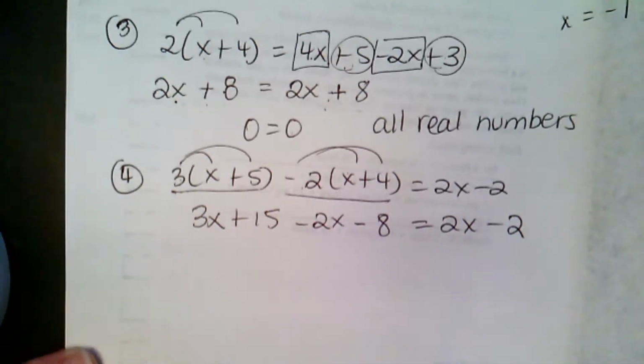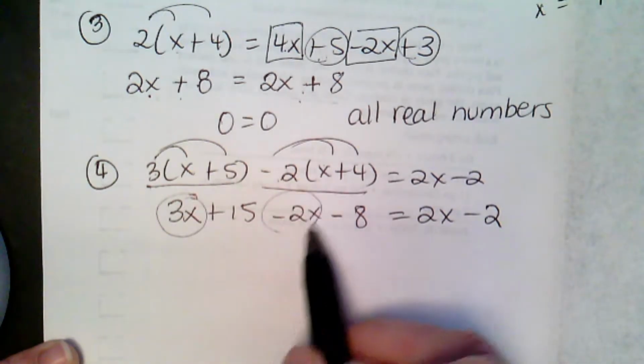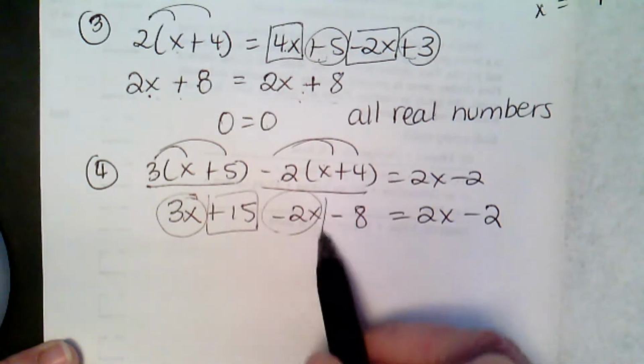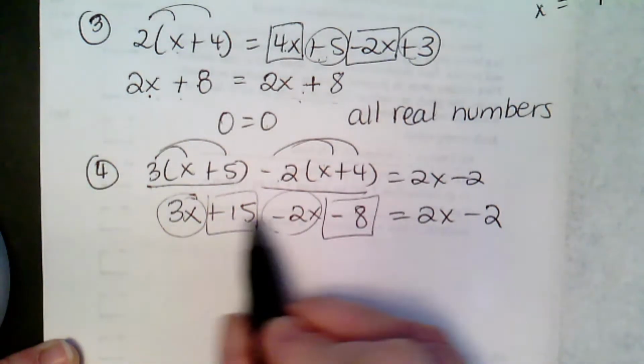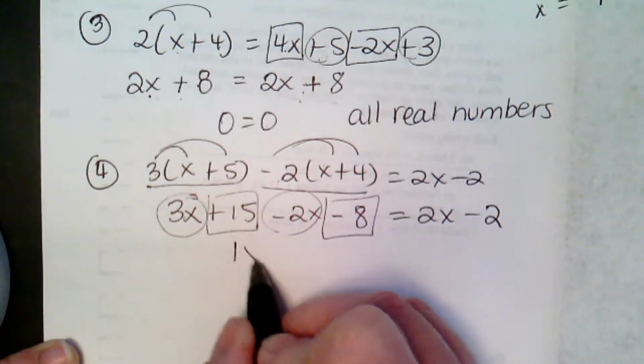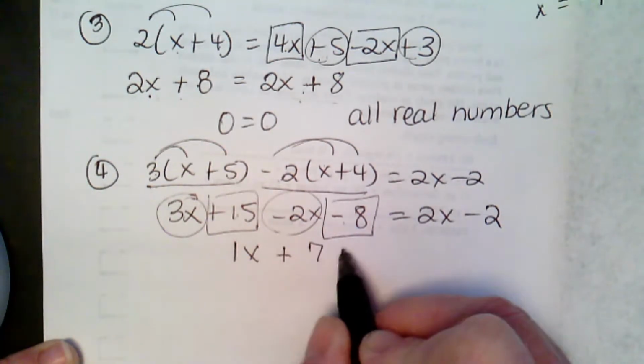Simplify things as best you can on each side. So again, I'm going to put my variables together since they're the same, and my constants together. So 3x take away 2x is 1x, 15 take away 8 is positive 7.